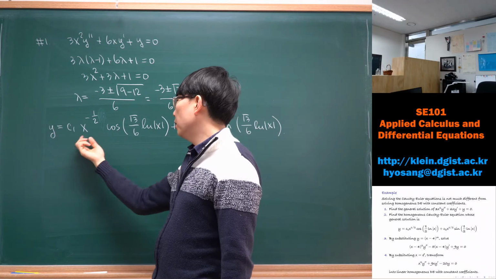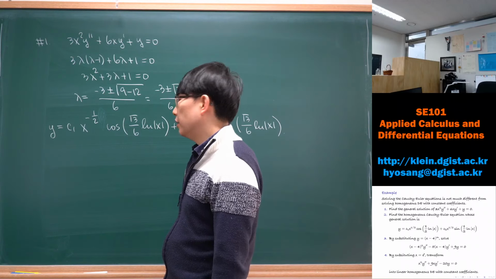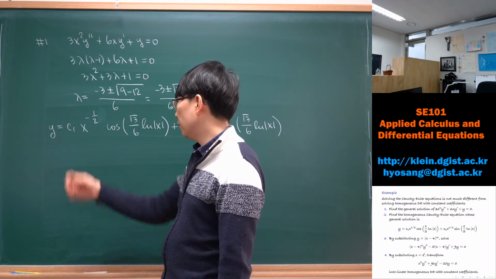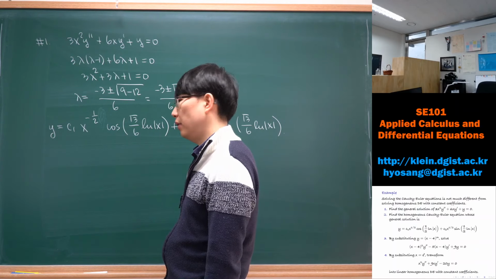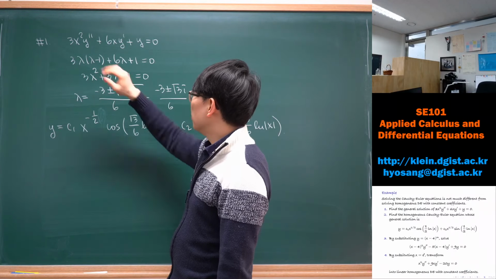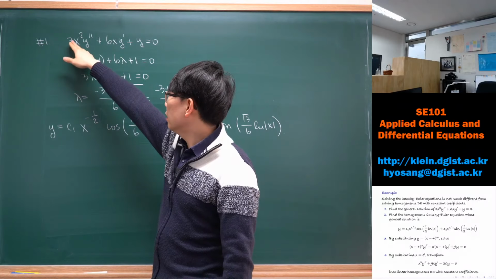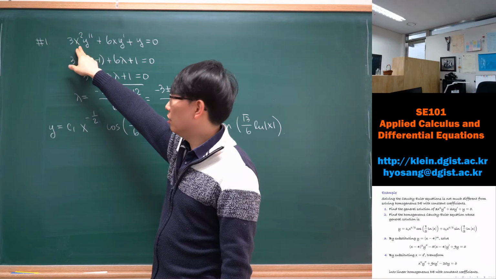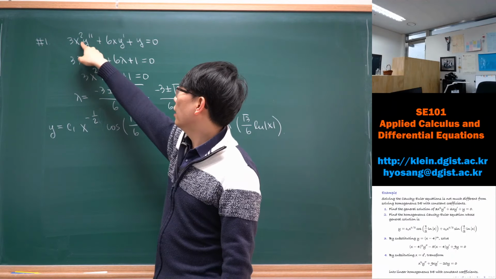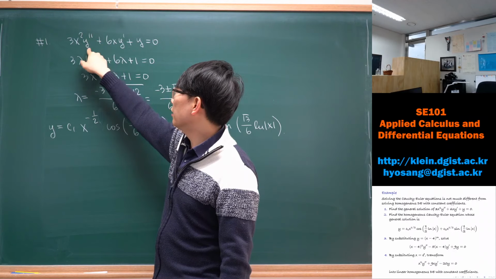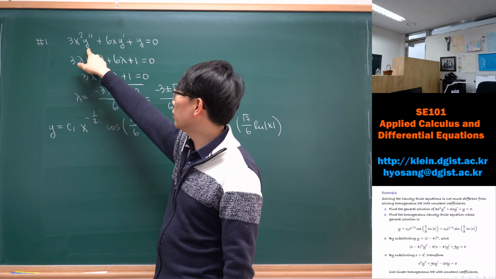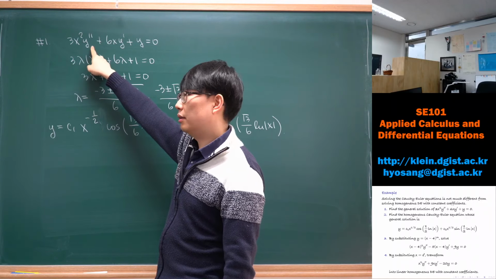So how do I know that this function is in terms of x? The answer is you don't. You don't know whether this function is in terms of x or t or a, b, anything. But since I know that x squared is in the equation, I presume that y is a function of x and this derivative is in terms of x.